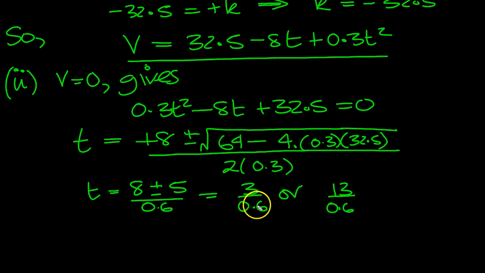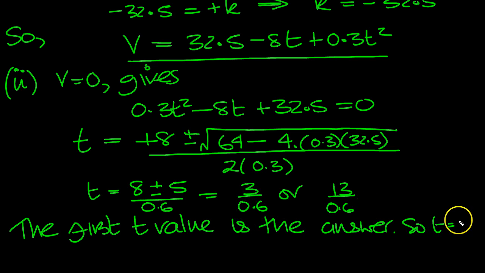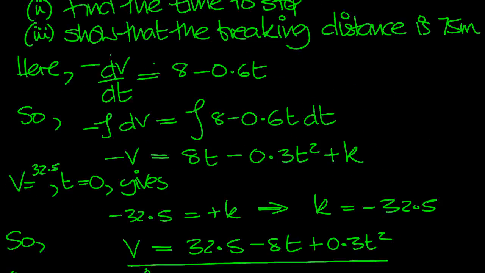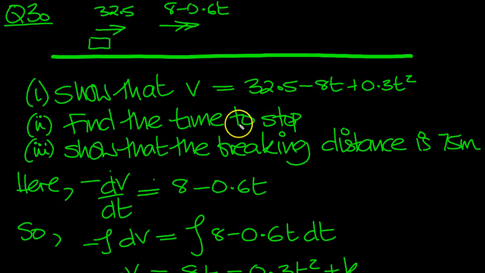The first value must be the answer. So t is equal to 0.6 into 3 goes 5 times. 5 seconds. That makes sense, and then basically it stops, because it's a braking force. So the time to stop is 5 seconds.